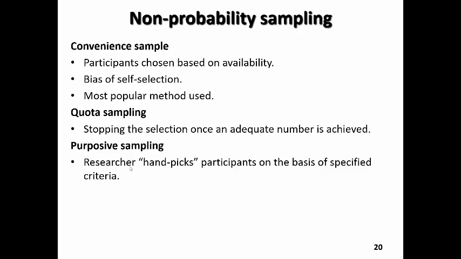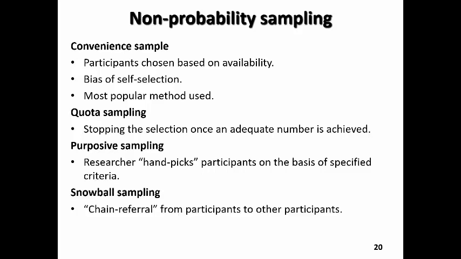Now, this could pose some potential problems and issues because it does have the risk of researcher bias in terms of handpicking participants, but to minimize the magnitude of the effect of that bias, the specified criteria have to be very clearly articulated ahead of time so that the researcher doesn't incorporate their own bias into participant selection.